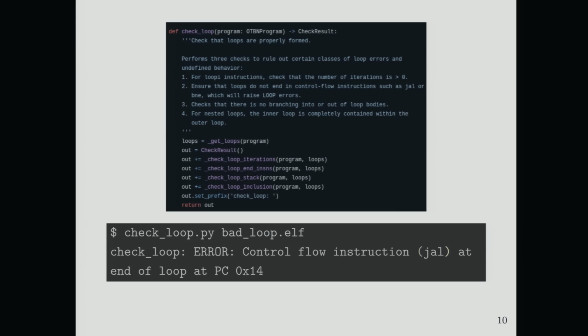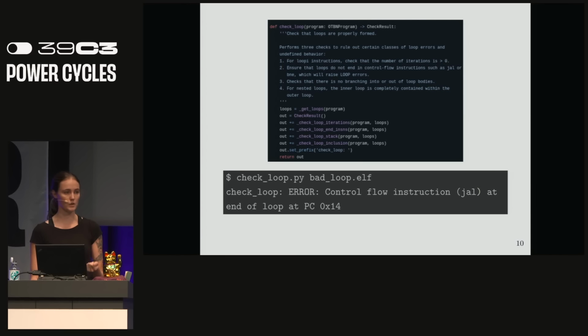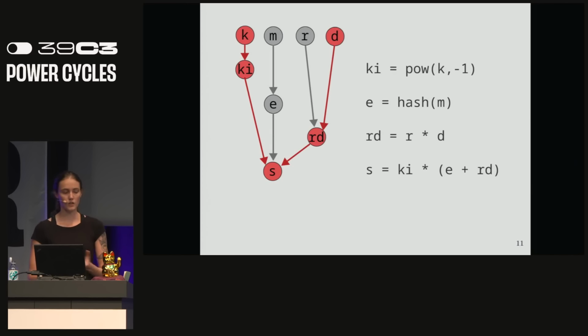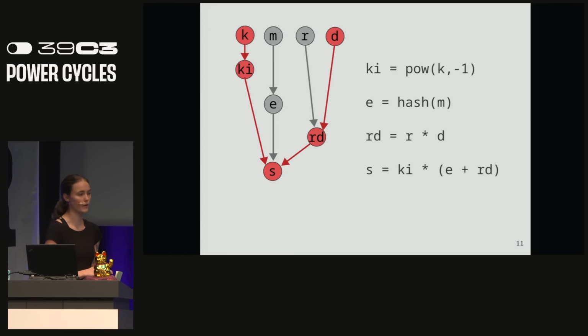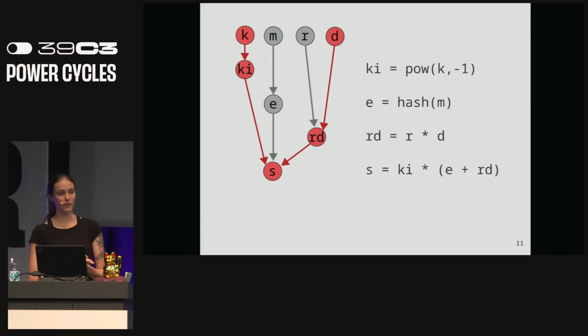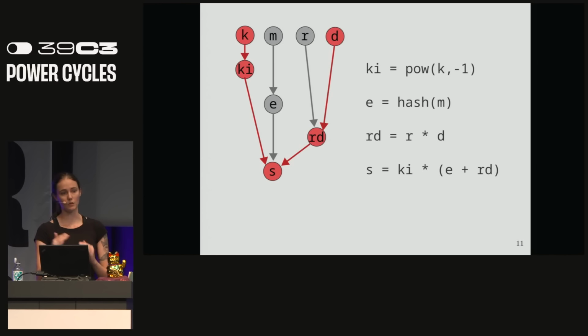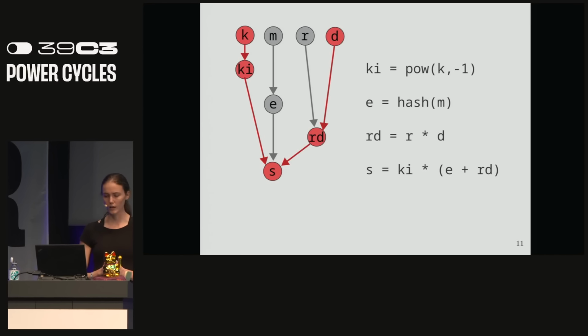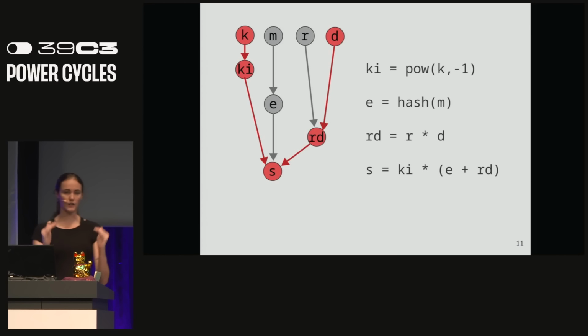One of the most interesting things you can do with static analysis for cryptography is checking information flow, in particular checking which values depend on secrets. So if we start out with some variables k, m, r, and d, of which k and d are secret, and m and r are not, and then we do some computations on those values, we can track as we go through each step of this program which values depend on the secrets.